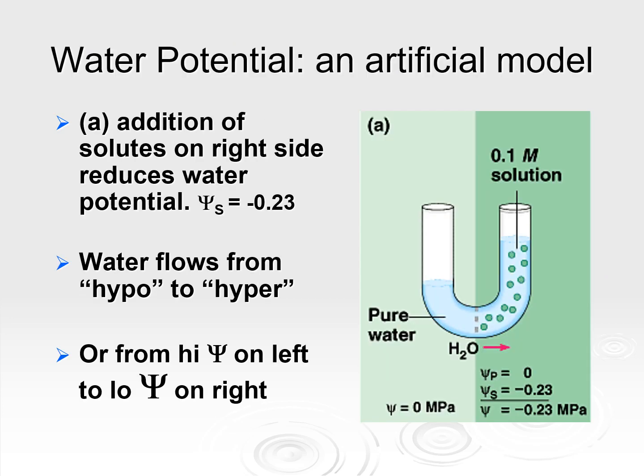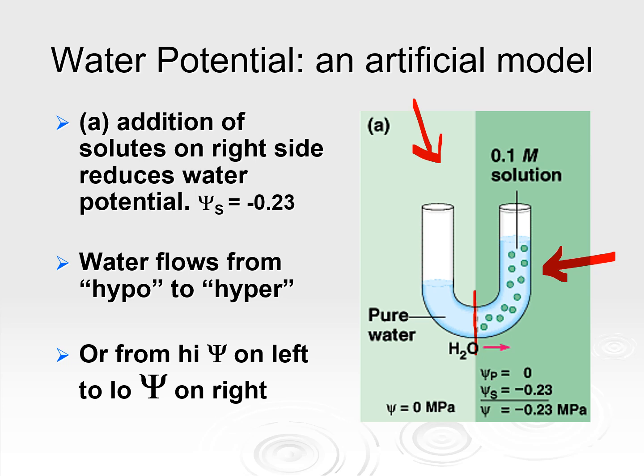So let's look at how we think about this, and hopefully this will all make a little bit more sense to you. Right here, what I have is a classic U-shaped tube, and down the middle I have a semi-permeable membrane that does not allow solutes to pass through it. Over on the right-hand side, we've added solutes, and over on the left-hand side, we have pure water.